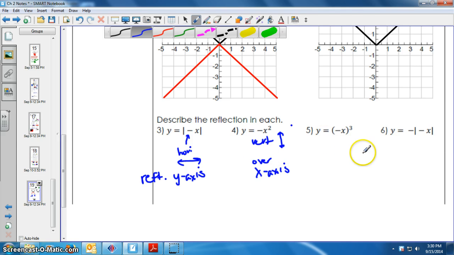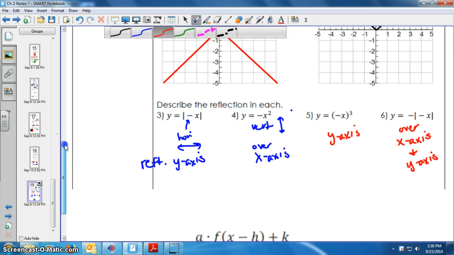So try those last 2 on your own, and then you can check. And since this one is on the inside, it should be over the y-axis that's being reflected. And this one actually has both, so inside and out, so over x and y axis.